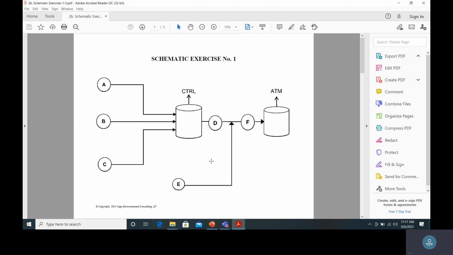So we're back to the schematic. Mark. And A is 10,000. Same.